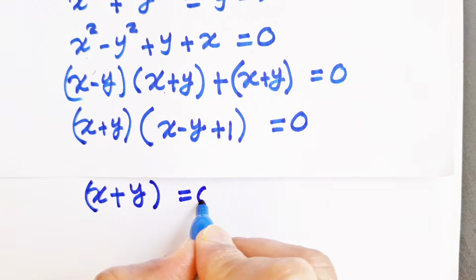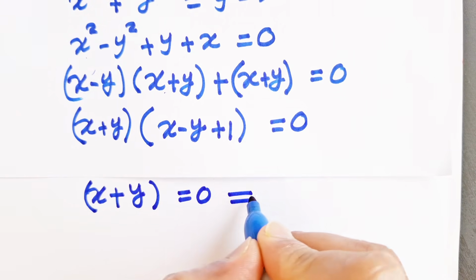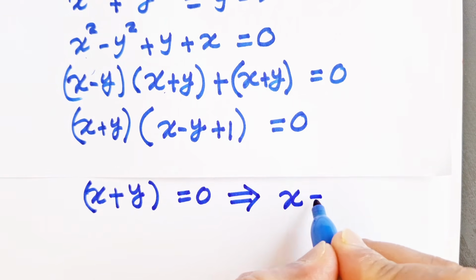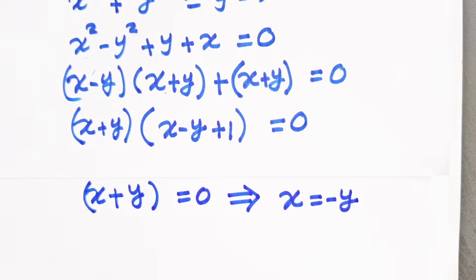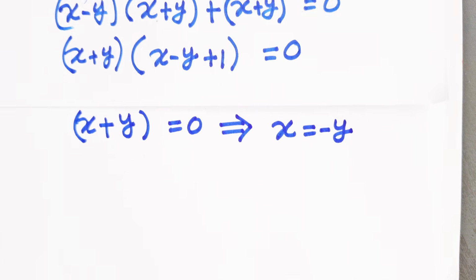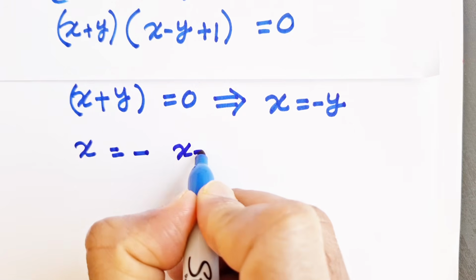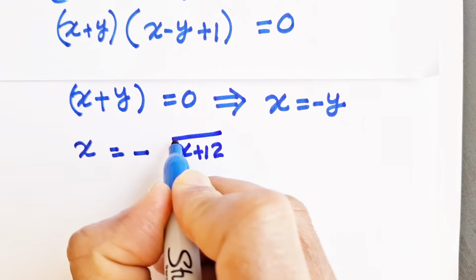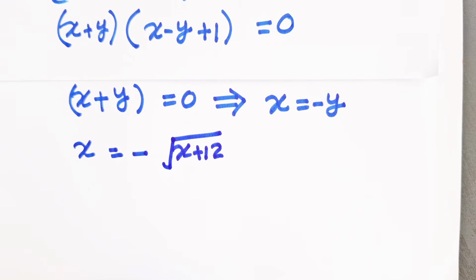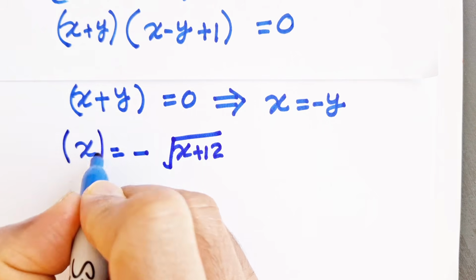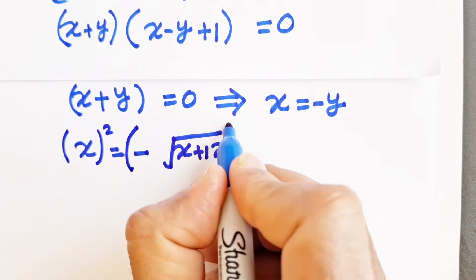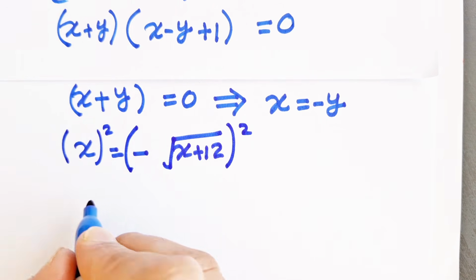So in the first case I can take x plus y equal to 0. Then we have x equal to minus y. Our initial substitution is y equal to the square root of x plus 12, so I am going to substitute it from now on. Then x equals minus the square root of x plus 12. Then I can square both sides to solve the equation.